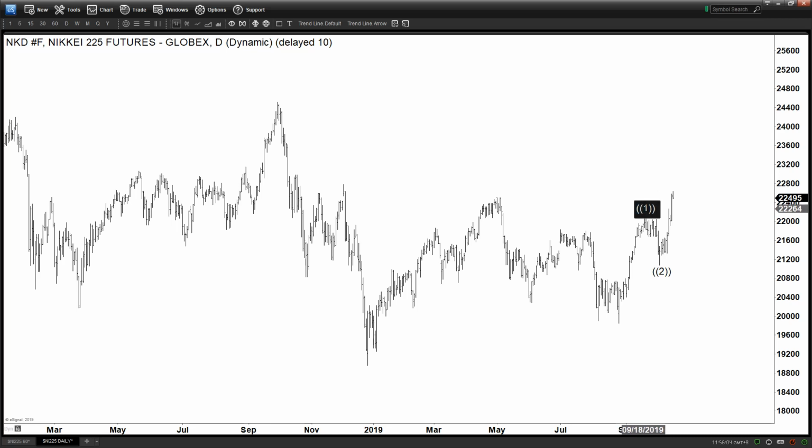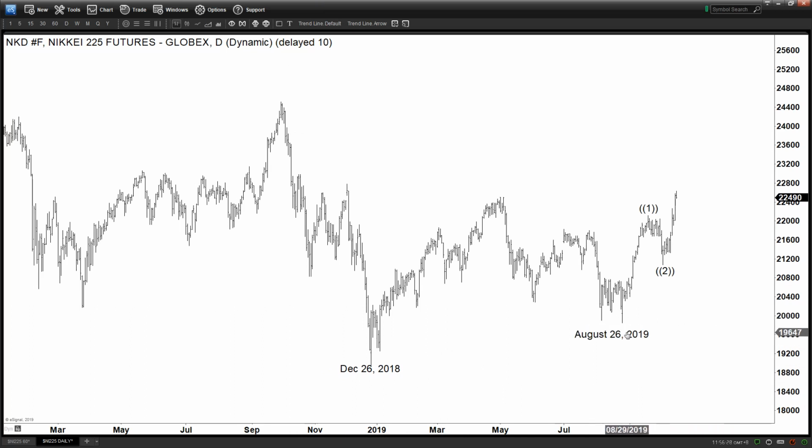Now we can see right here, if you look at it from this low, which is August 26, and also from this low, December 26, 2018, so you have 2 lows here.